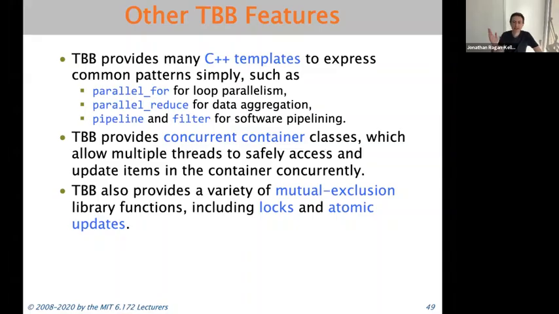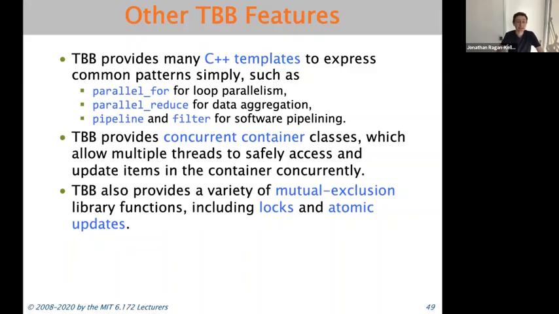Okay, so TBB has a number of other features and higher level abstractions built on this basic task abstraction. It has a rich template library for common higher level parallel patterns like parallel for simple parallel loops, and parallel reduces, where, like in a MapReduce kind of setting, you want to do summation or data aggregation. It also has pipeline and filter constructs for building parallel DAGs of independent tasks.